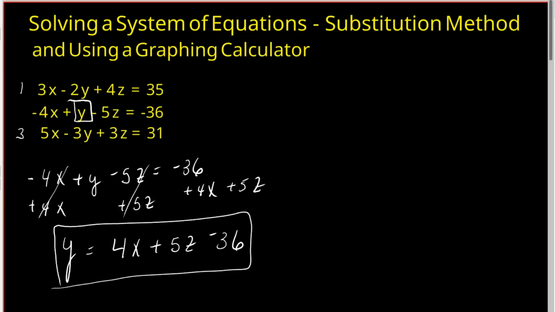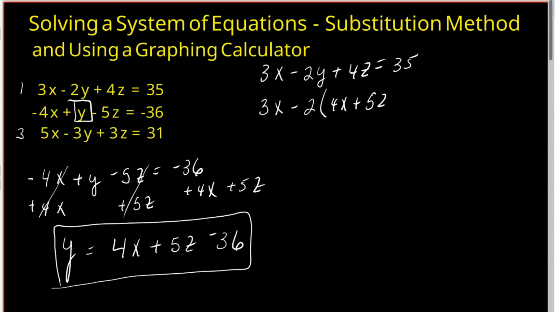In the first equation, I have 3x minus 2y plus 4z equals 35. I'm going to say 3x minus 2 times y. We've established the fact that y is equal to 4x plus 5z minus 36, plus 4z equals 35.